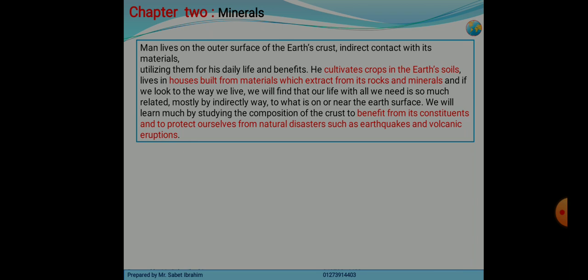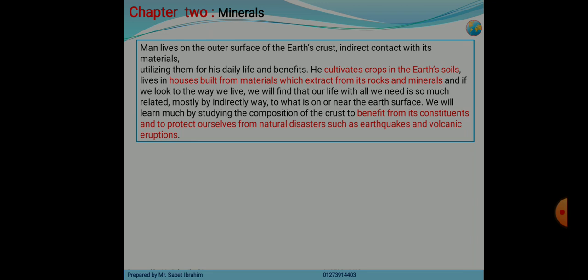And if we look at the way we live, we will find that our life is so much related to what is on or near the Earth's surface.